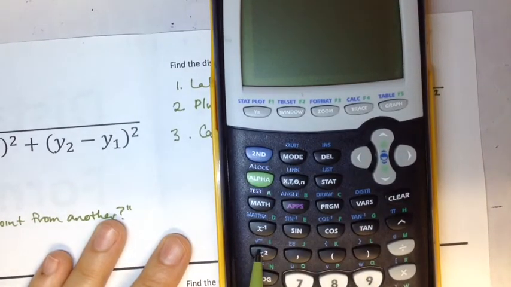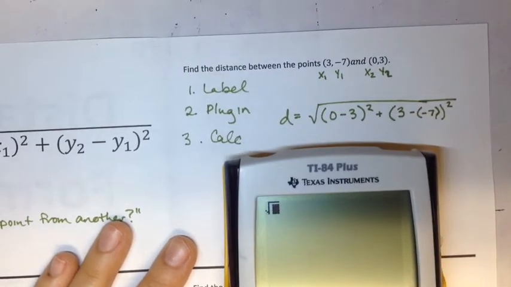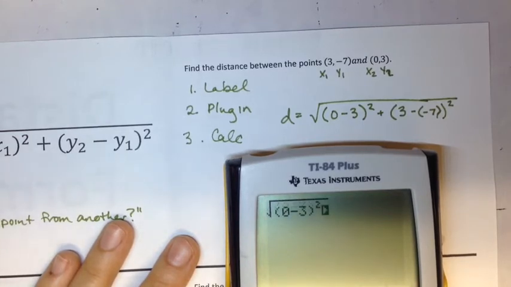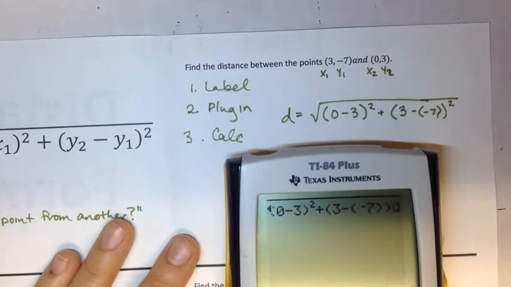See the square root, it is blue, so we press the second button before we press that. And you type it exactly as you see it, all of the parentheses included. So we have parentheses 0 minus 3 close parentheses squared plus open parentheses 3 minus open parentheses -7 close parentheses squared. See that double close? We got to do that.